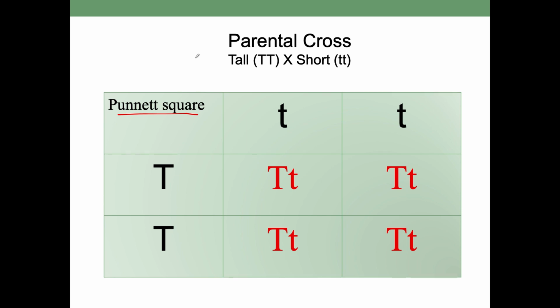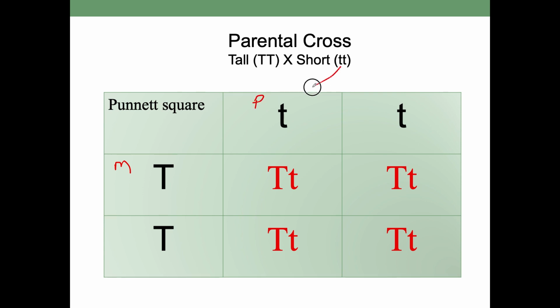And some of you may have encountered Punnett squares in biology class previously. So if so, this will be familiar to you. If not, it looks like this, where each of the alleles are listed on one side. Let's say this is the maternal side, and let's say that this is the paternal side.